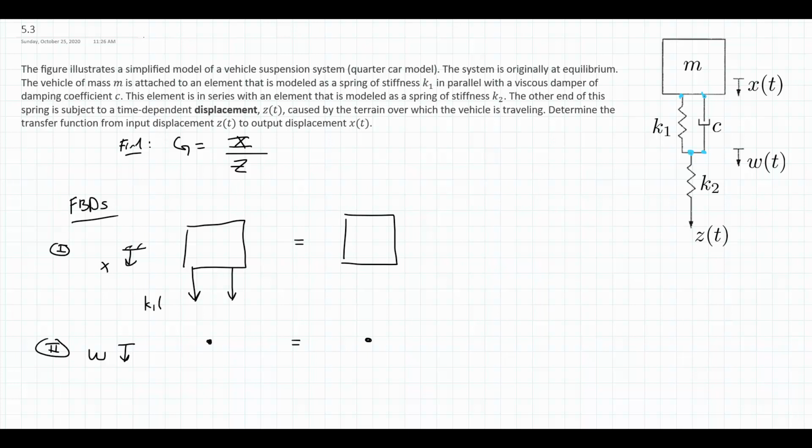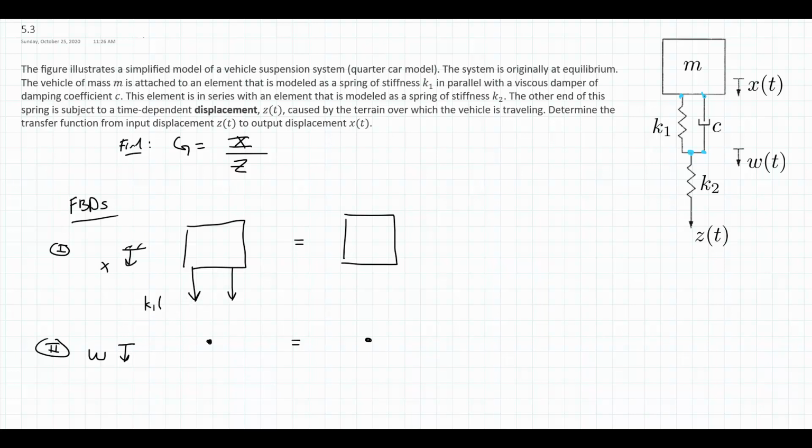So W is positive. And then in the opposite way, if W is held at 0, so we're not moving the bottom, a positive X will cause compression, the spring will shorten, but a negative X will cause tension. So we get K1 (W minus X) should be the force when we are assuming tension in the spring.